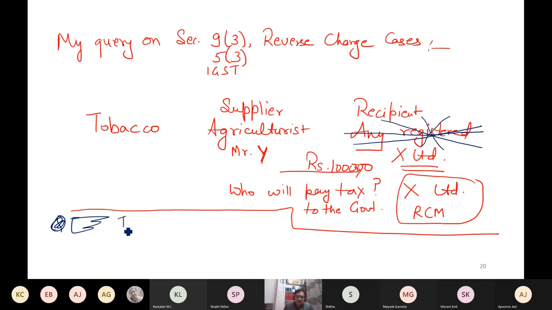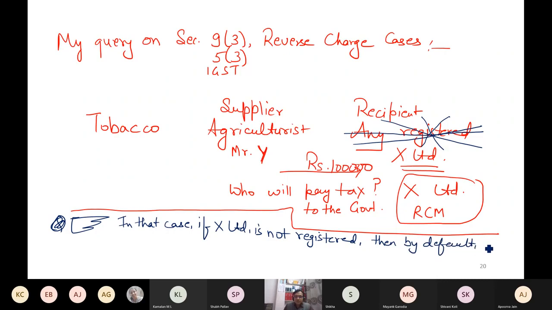And in that case, if X Limited is not registered, don't say that it is tax free. My first answer should be that by default, it is covered under forward charge. By default, any supply.